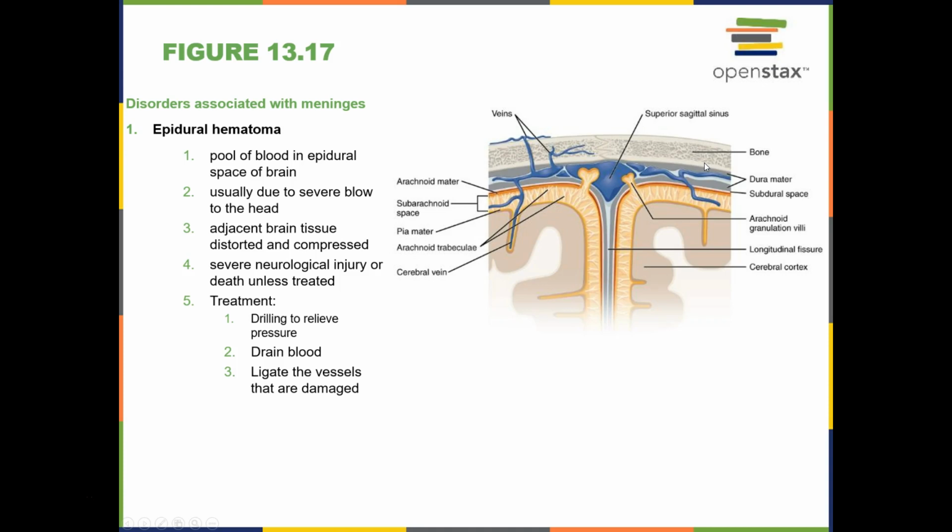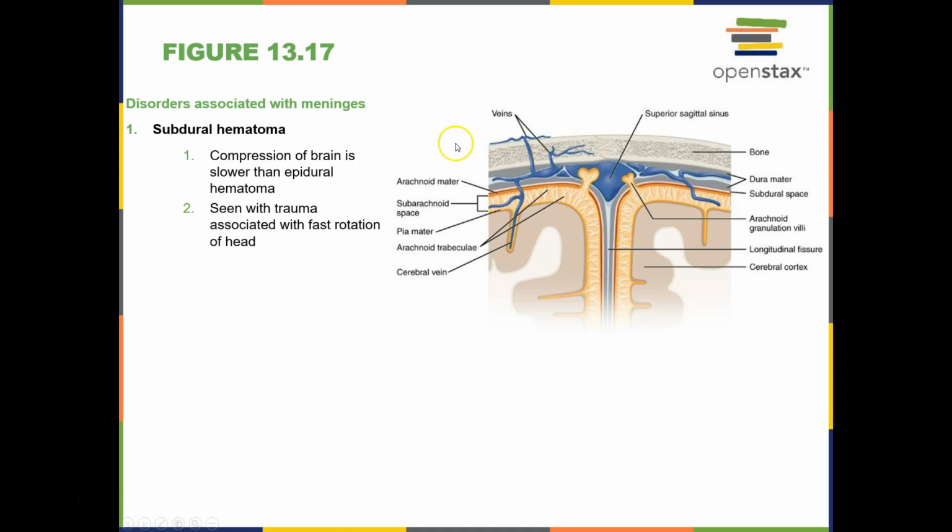This can compress the brain and cause damage to those neurons and the nerves. So treatment is typically drilling through the bone to release the blood, and then you fix those blood vessels so they stop bleeding.